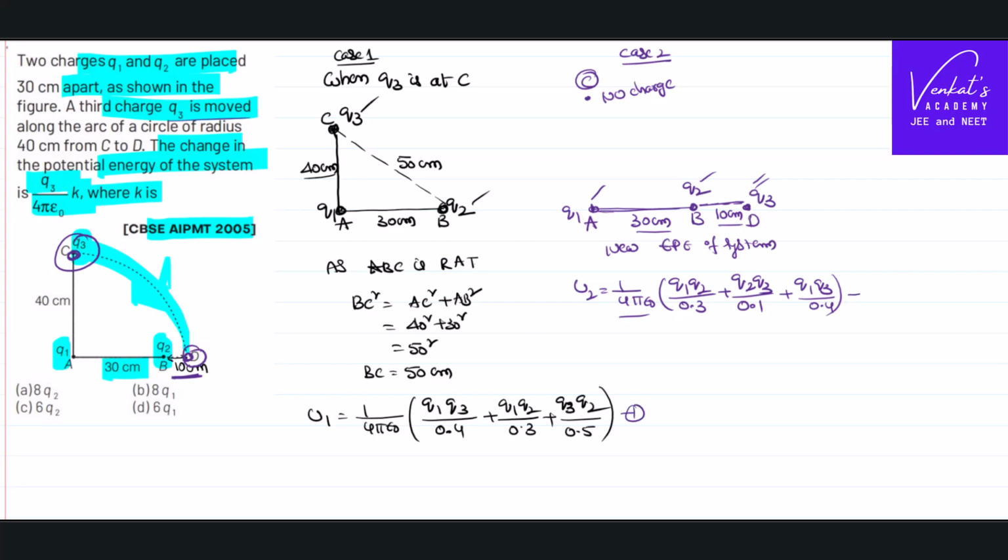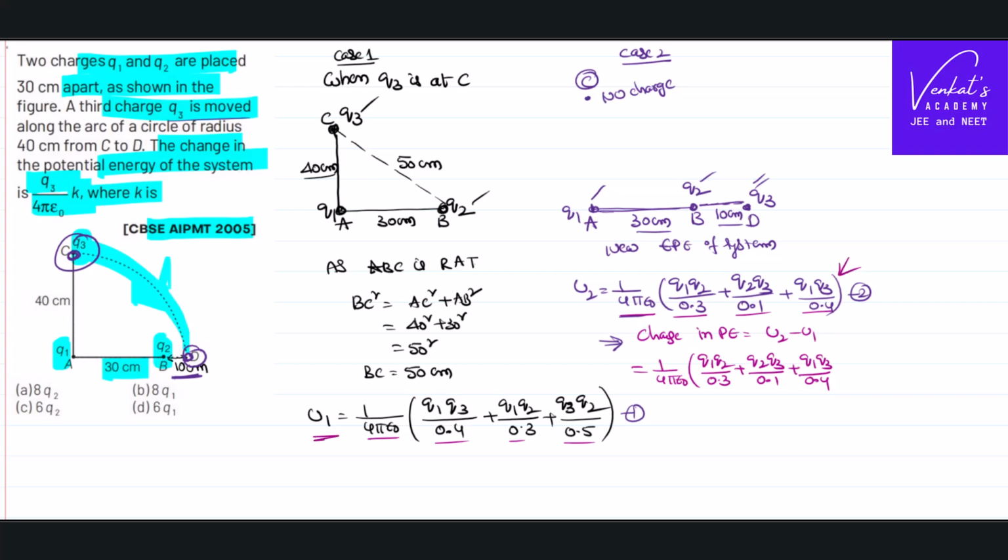I know initial potential energy, I know final potential energy, then I can write the change in electrostatic potential energy is final minus initial. For both of them 1 by 4 pi epsilon naught is common, as it is U2 minus U1, write all U2s as positives and then write all U1s as negatives. So Q1 Q2 by 0.3, Q2 Q3 by 0.1, Q1 Q3 by 0.4, that's all.